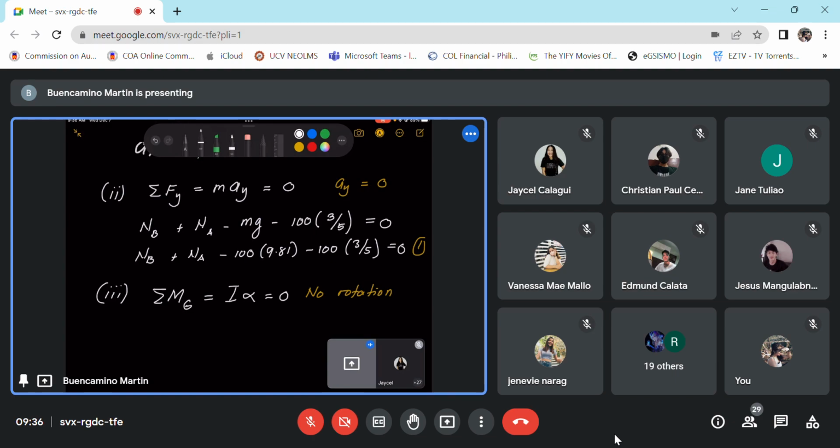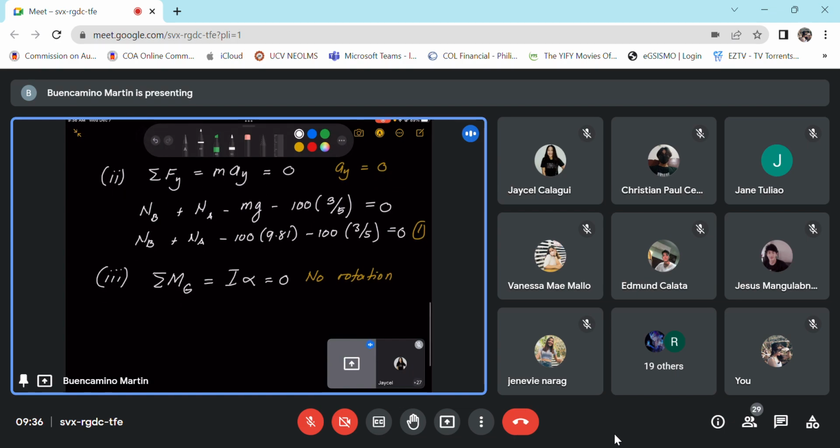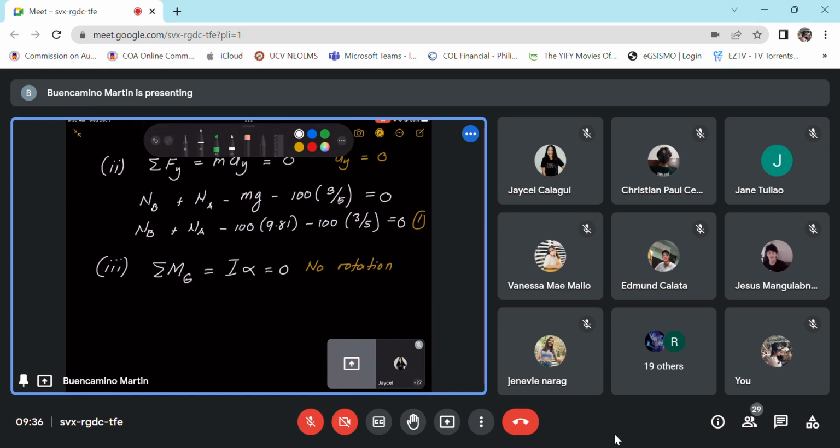And all we have to do now, class, is to apply this, which becomes an equilibrium equation in a sense that summation of moment about G is simply equal to 0. Now, let us have a sign convention here na yung counterclockwise moment would be positive.